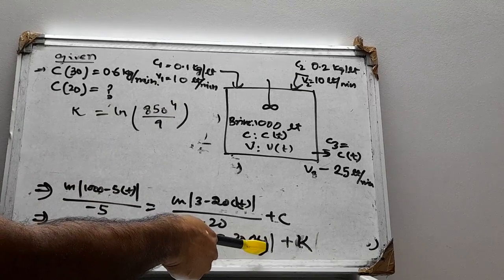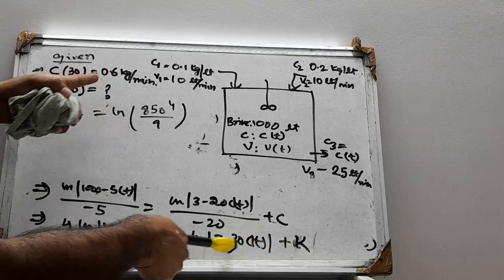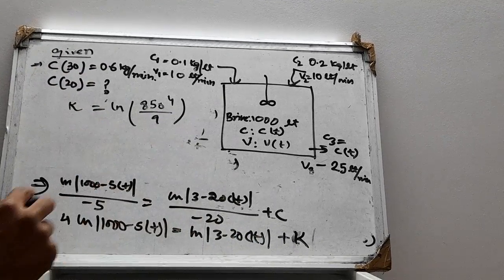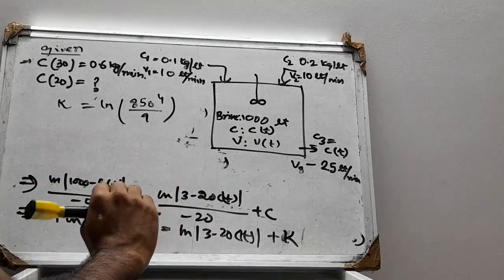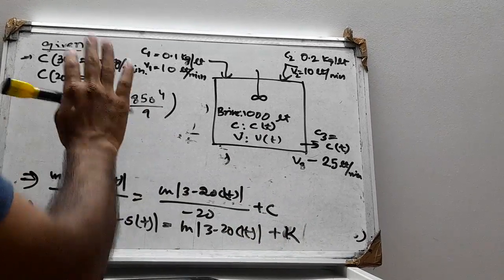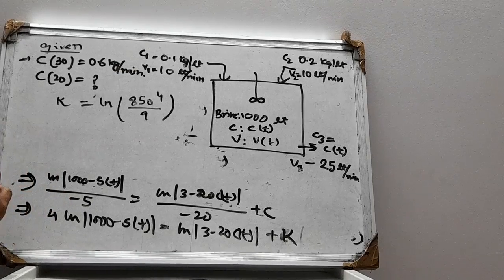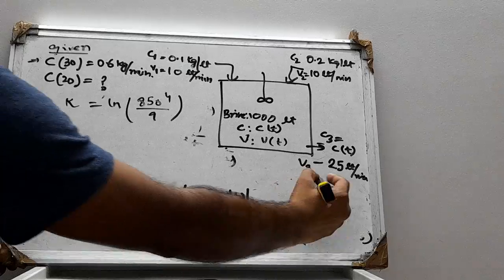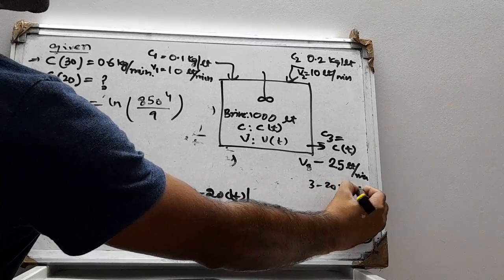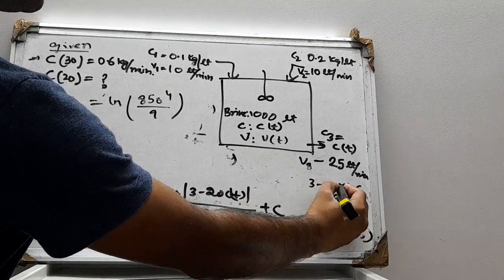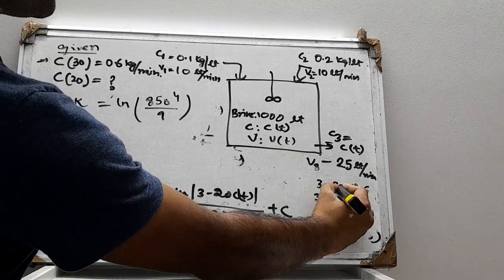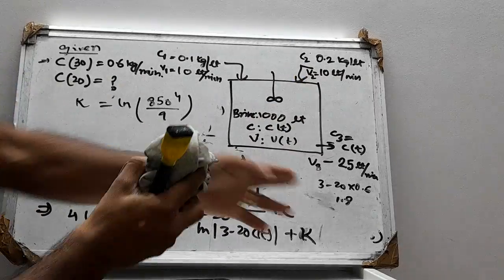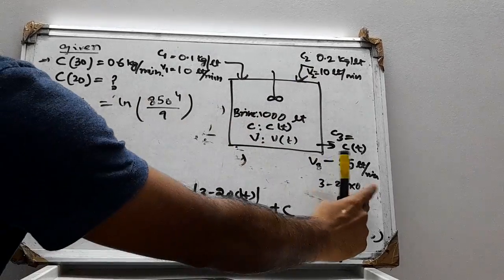And when ct is 0.6, when you put it here, 3 minus 20 into 0.6 will give you 1.8, and that 1.8 will become further 9.